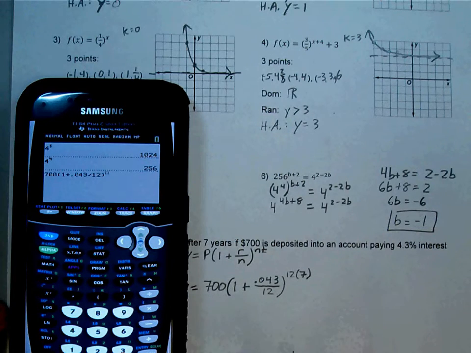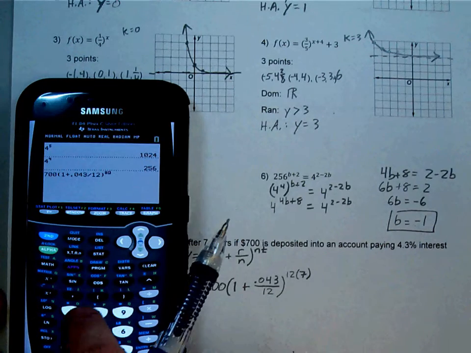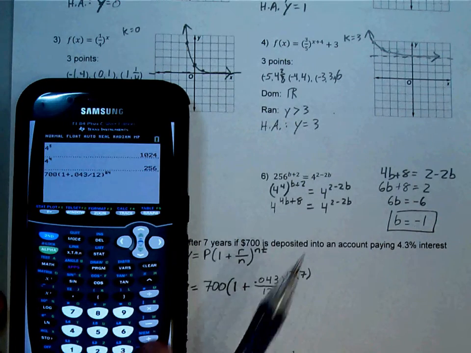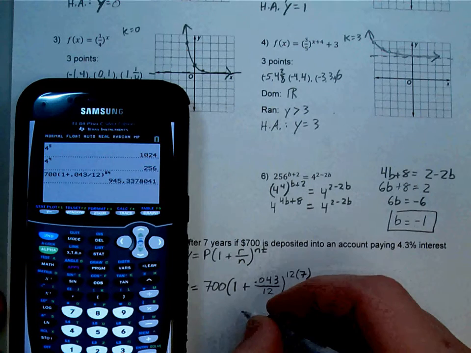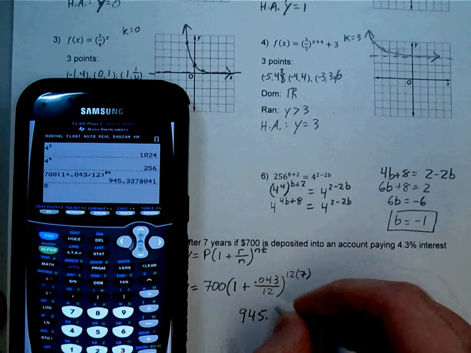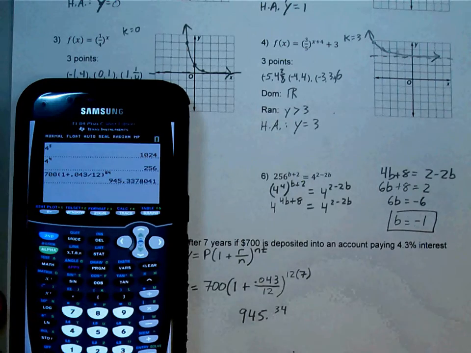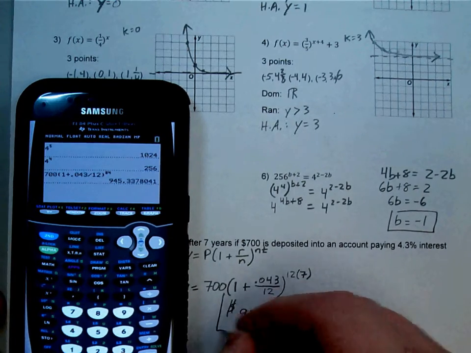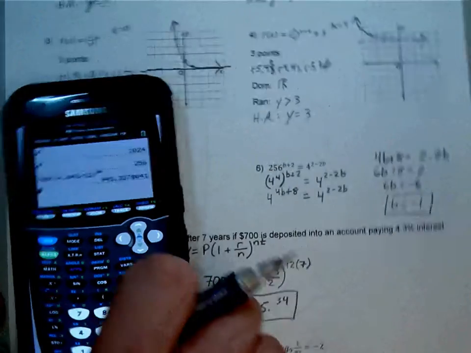Depending on your calculator, you may need to put this in parentheses, or you may need to multiply it ahead of time. 12 times 7 is 84. So to the 84th power, and we get our answer. $945, and then if we round to the nearest penny, that would be 34 cents. Which seems like a reasonable balance.